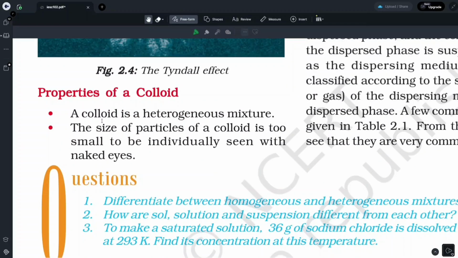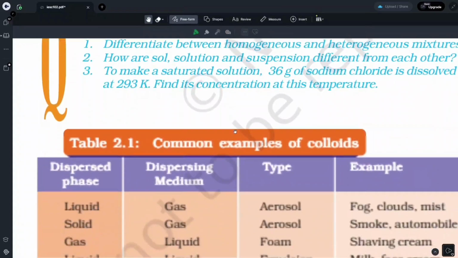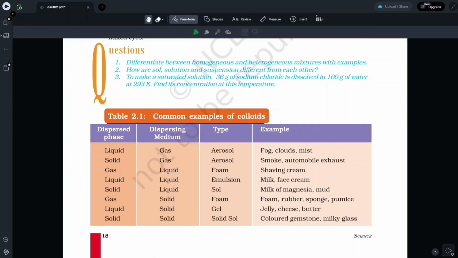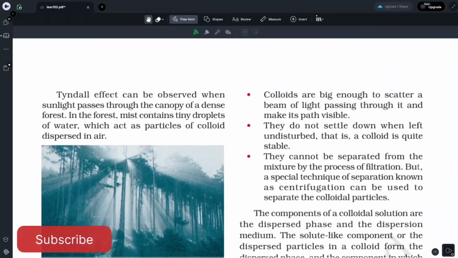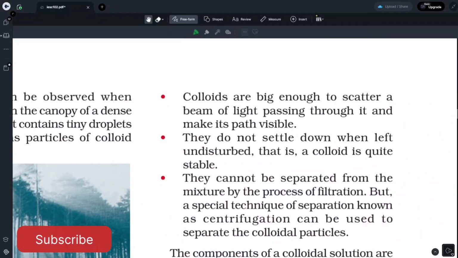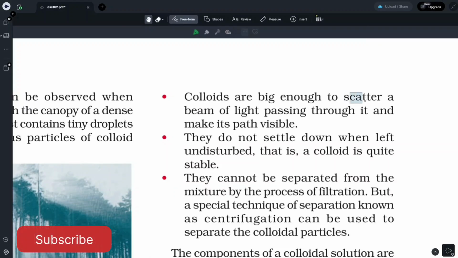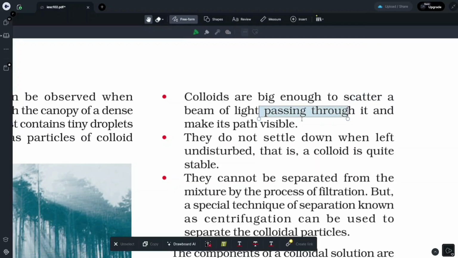Properties of a colloid. A colloid is a heterogeneous mixture. The size of particles of a colloid is too small to be individually seen with the naked eye. Colloidal particles are big enough to scatter a beam of light passing through it and make its path visible.